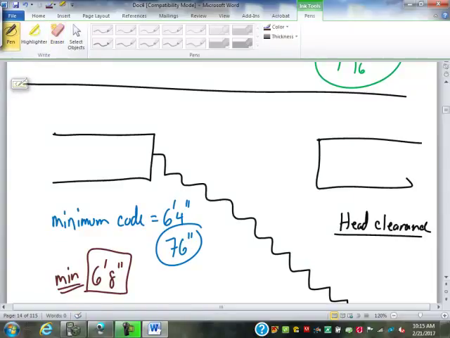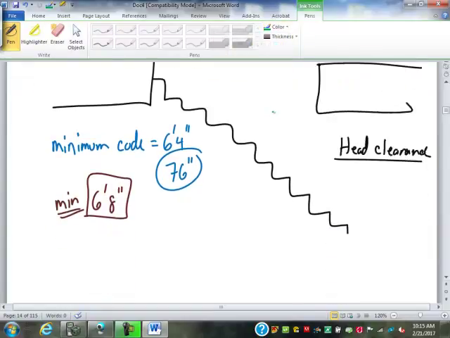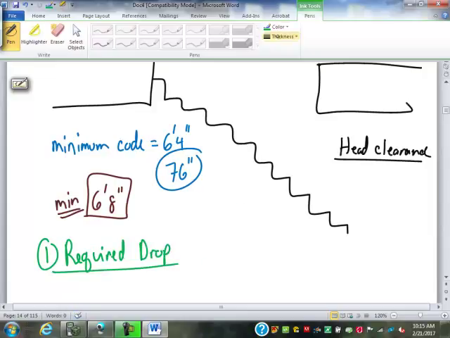So anyway, to deal with head clearance, we first must find the required drop. The required drop is the minimum head clearance, HC minimum, plus the floor thickness.